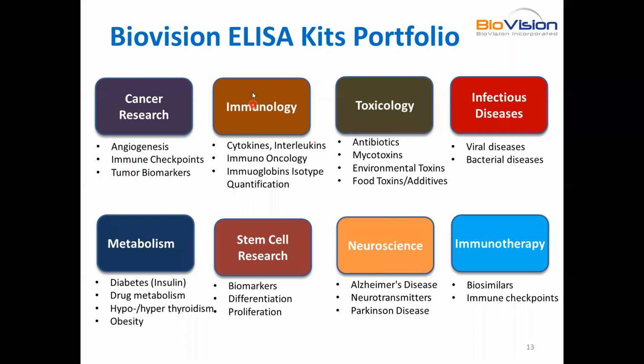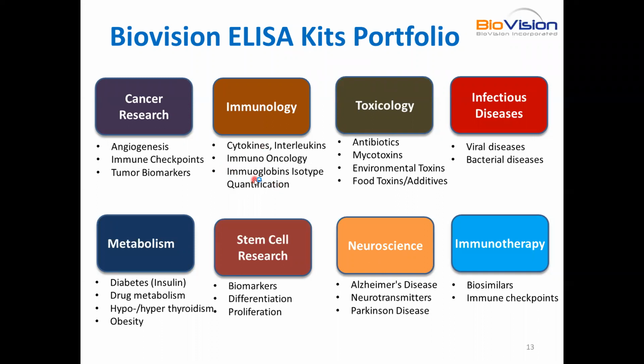Then we offer ELISA kits for immunology research, which includes the detection of cytokines, interleukins, and immuno-oncology targets. We also offer ELISA kits for the detection of immunoglobulin isotypes, for example IgG and IgM, for different species.